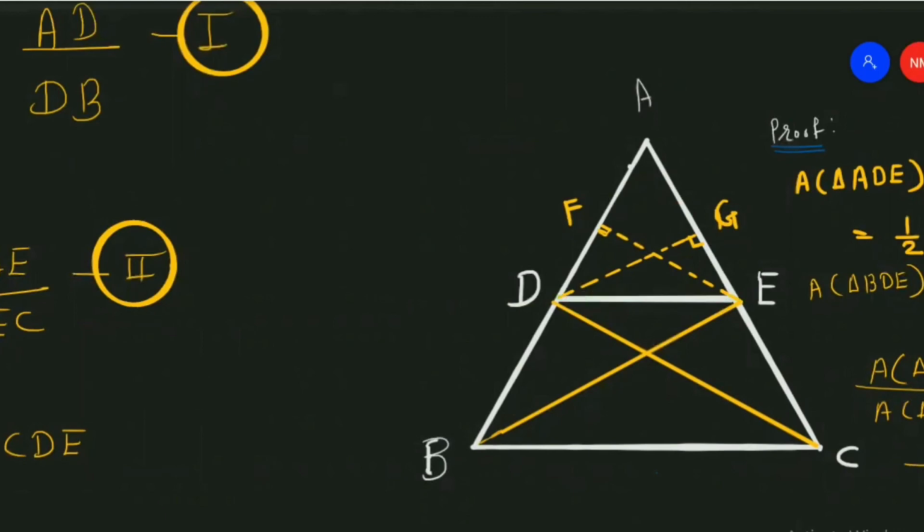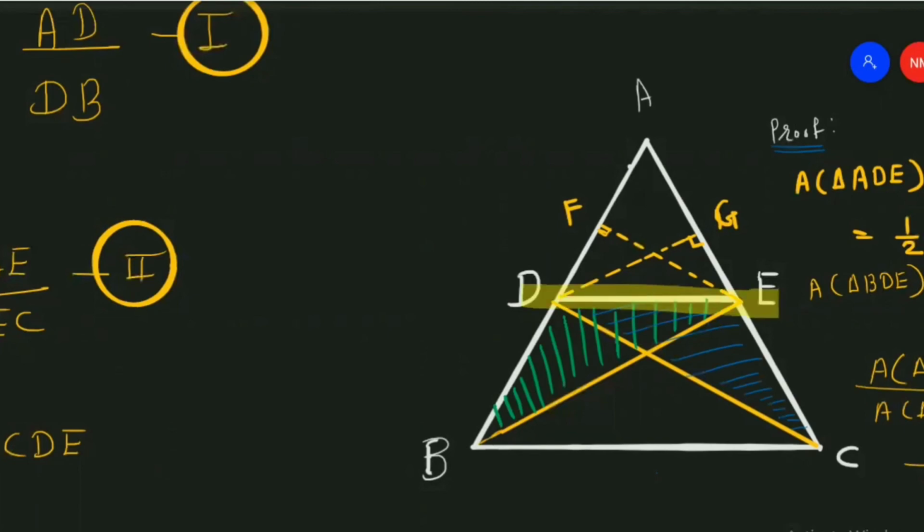I'm going to repeat: we are talking about this triangle, BDE, and the second triangle is CDE. The common part of these two triangles is the base DE.